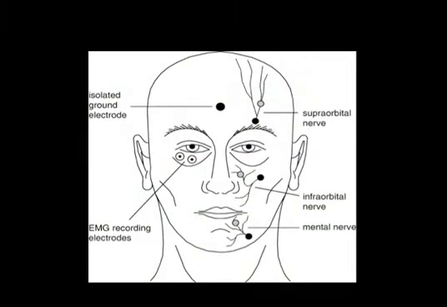So the way we do this work is we apply 2 electrodes under the eye, and these electrodes measure the magnitude of the eye blink startle response. You know when you hear a sudden sound, you'll blink or have a startle reflex, and we can measure how strong that is from those 2 electrodes.